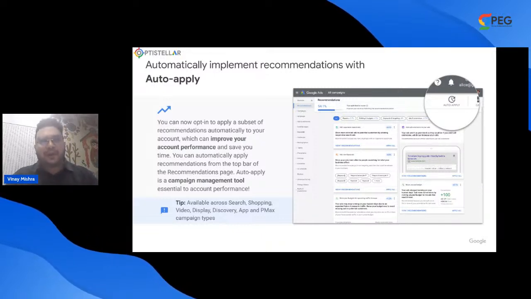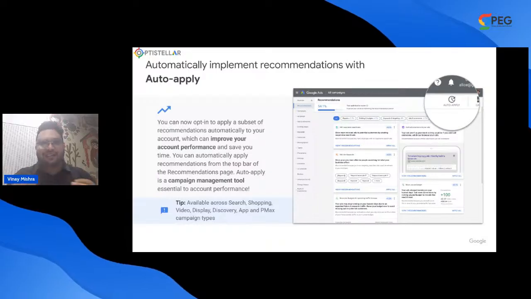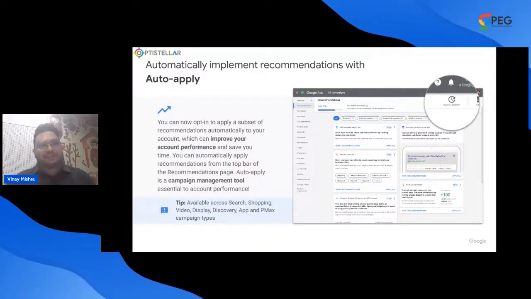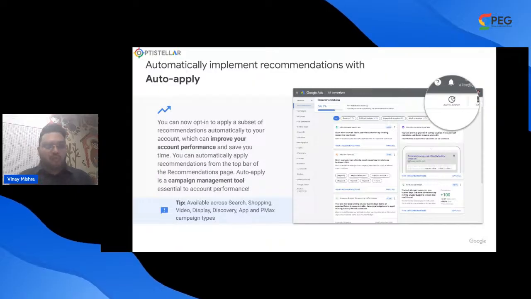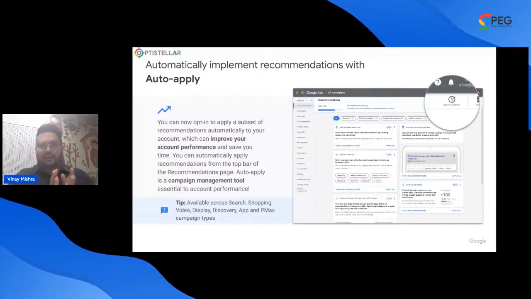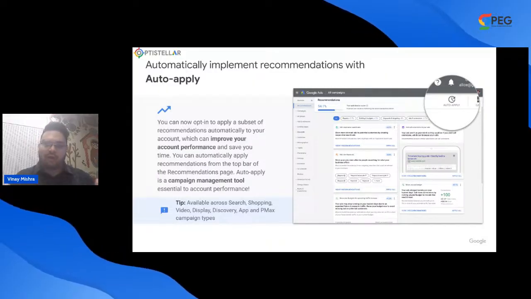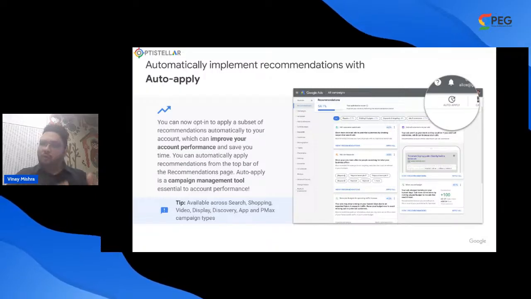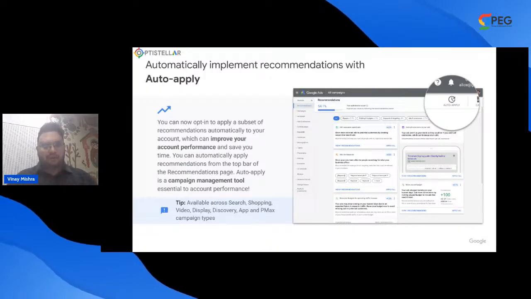With auto apply, this is something which eliminates that factor, wherein the system is going to auto apply these kinds of recommendations which are more suitable and personalized to your particular account as per your goal. This is going to help you be in the trend, be ahead.